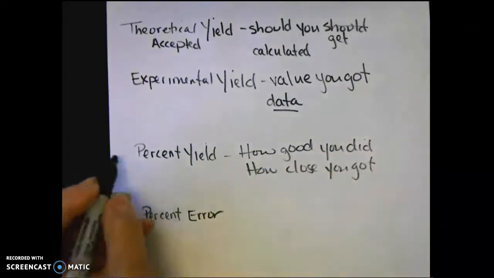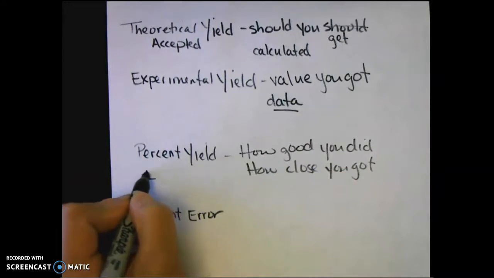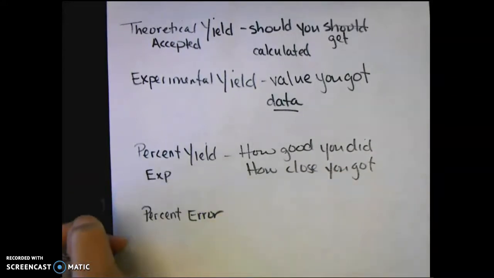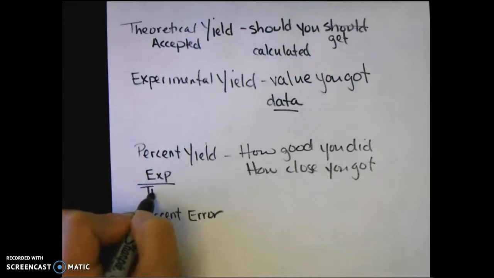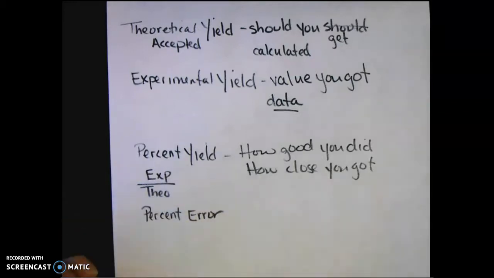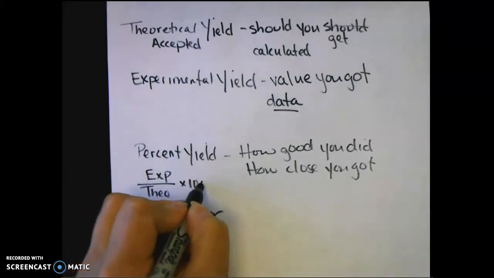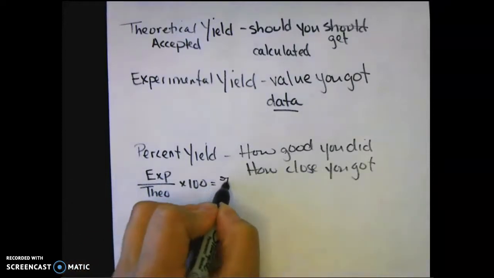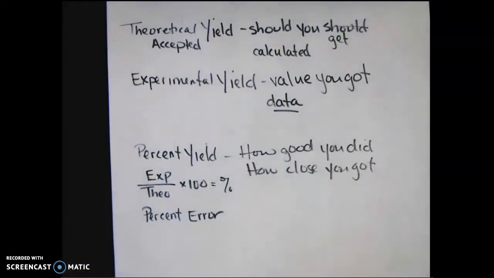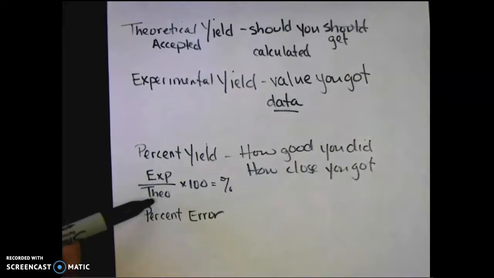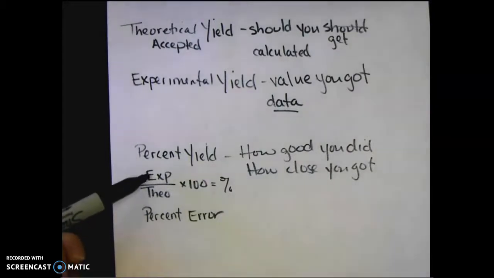You're going to take the experimental value, what you got, divided by the theoretical value, what you're supposed to get, and multiply it by 100 in order to turn it into a percent. Again, it's like figuring out your grade. The quiz is worth 20 points. You got 18. 18 out of 20 times 100 is 90%. So that tells you what your percent yield was.